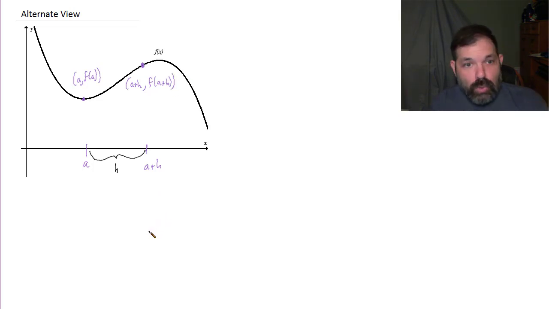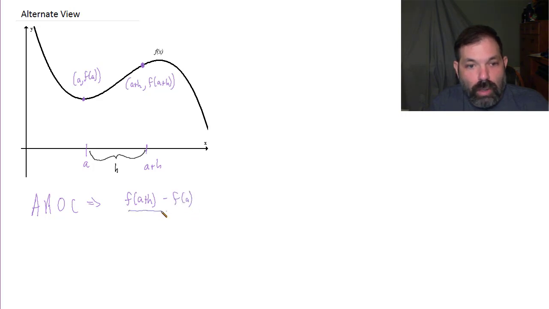Then, using these points, we can come up with an equivalent average rate of change, which I'll abbreviate AROC. It would simply be the slope between those 2 points: f of a plus h minus f of a, the change in y, over the change in x, which is a plus h minus a.